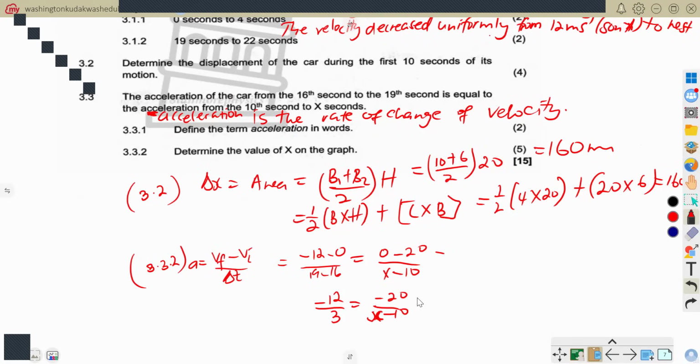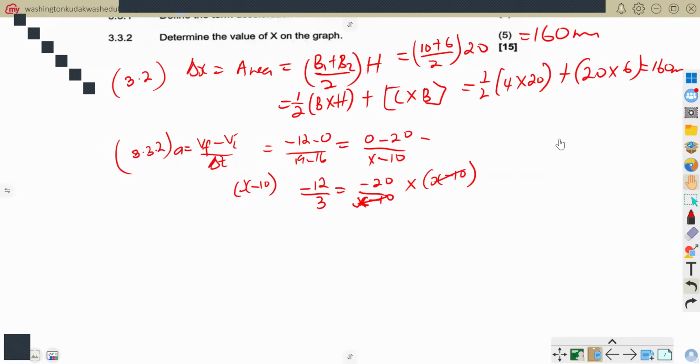How do I find this? I have to cross multiply by that x minus 10 so that it cancels out on this side and comes to this side, where I multiply by x minus 10. So at the end of the day, I would have something that looks like this.